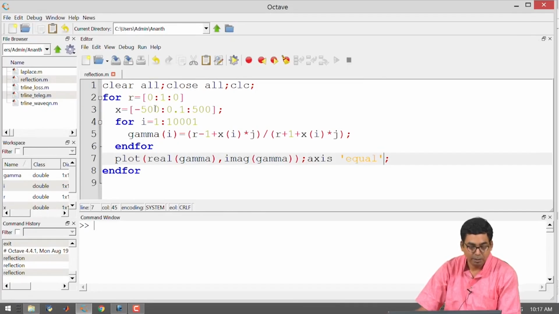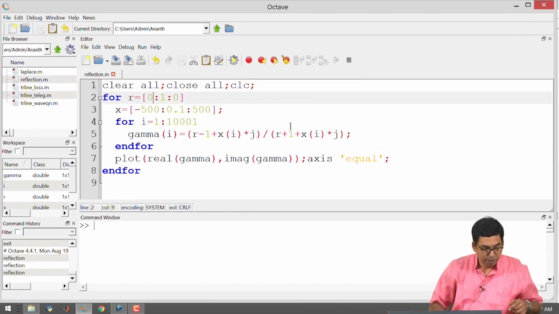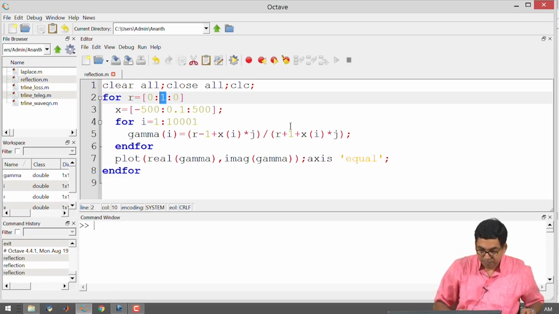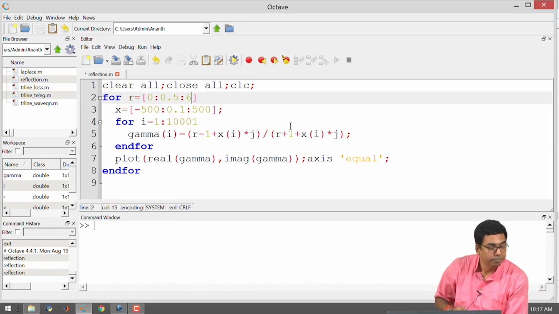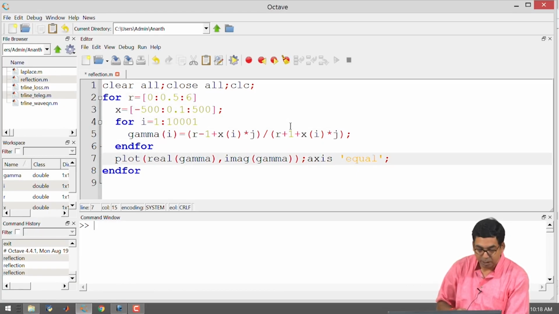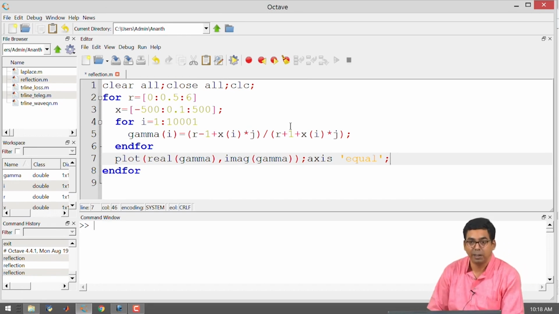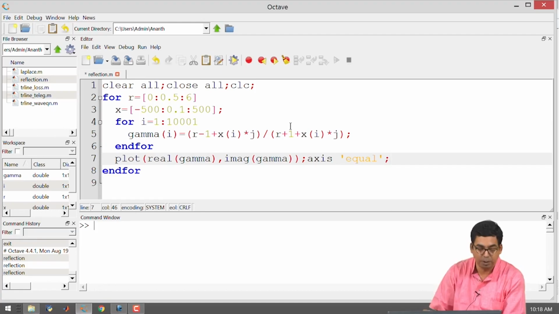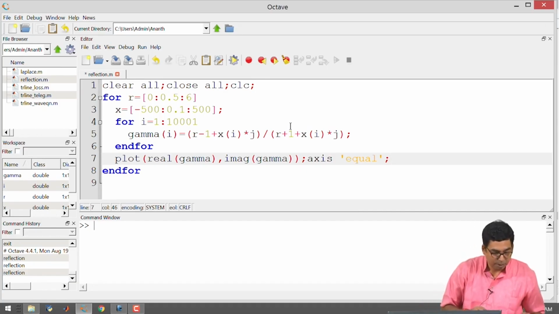Now, I am going to go ahead and make r go from 0 to 6 in steps of 0.5, okay, and I want to draw a plot, okay, and I want to figure out what is going on, all right. I will just modify my program a little bit to make it a cleaner graph at the end, because currently it will draw with the same color, all right. I want to draw it with different colors to analyze what is going on. On top of that, I would like to have a legend to tell me which color corresponds to what value of resistance. All right. So, I am just going to add a couple of commands over here.